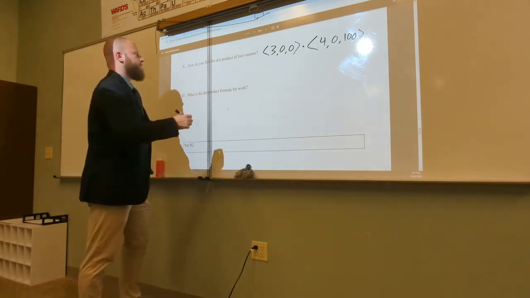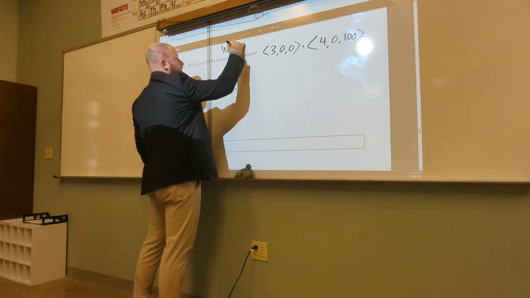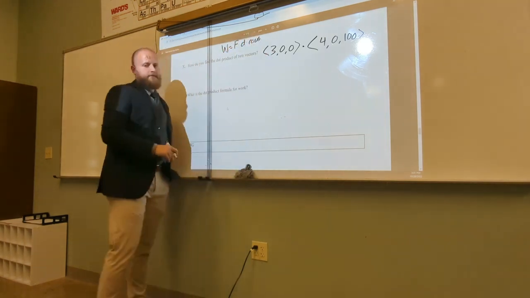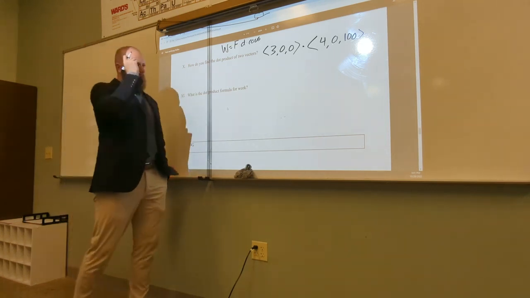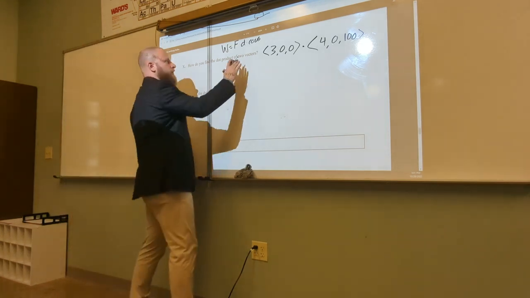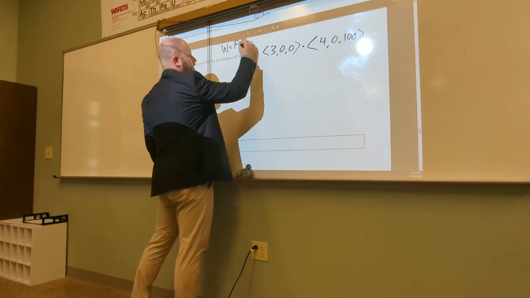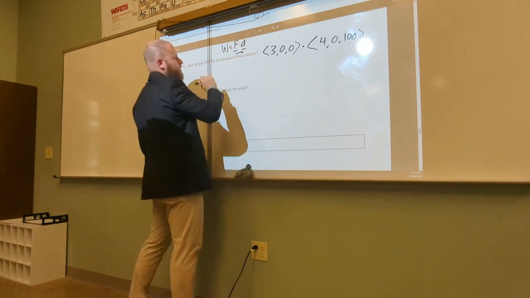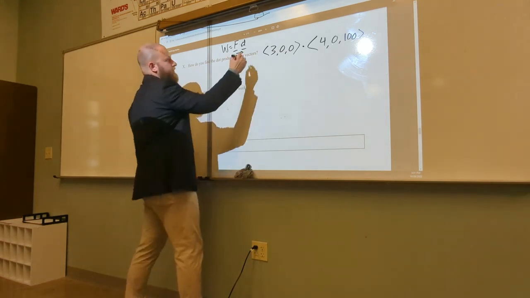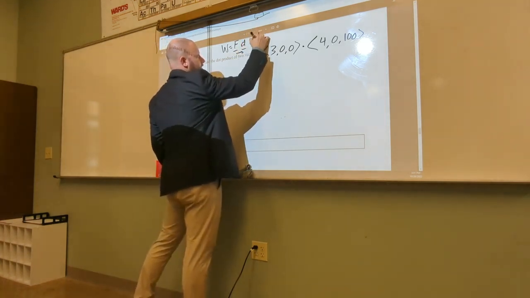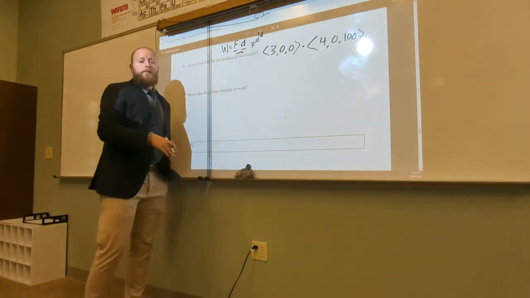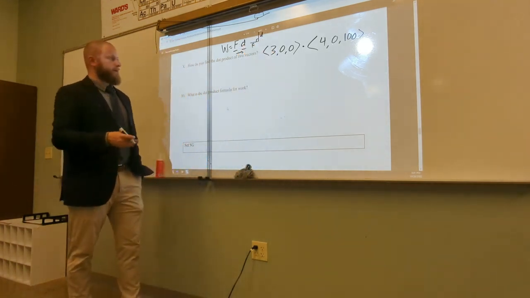Now, before I actually get an answer, we want to talk about what the dot product is doing. Okay? Now, we already know work equals F D cosine theta. We know that this is a type of dot product, right? And when we're trying to find work, I want to know how much are these in the same direction, right? For example, if my force and my distance are perpendicular, my work will be 0, right?